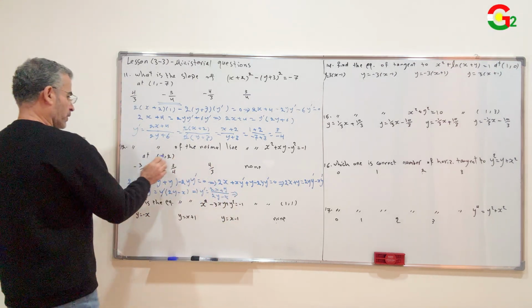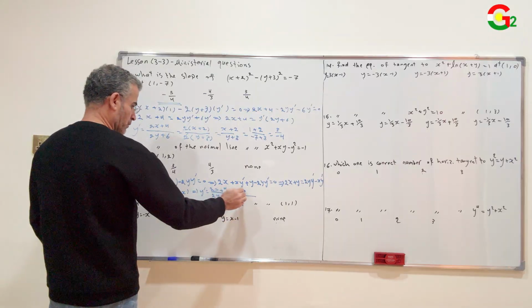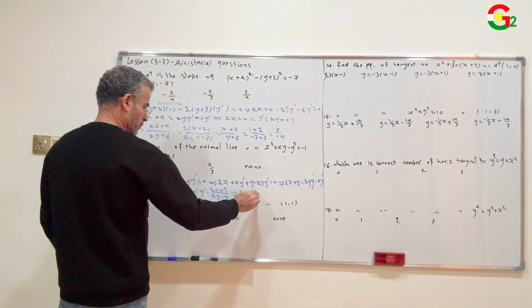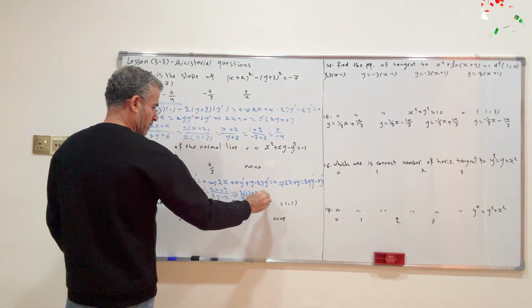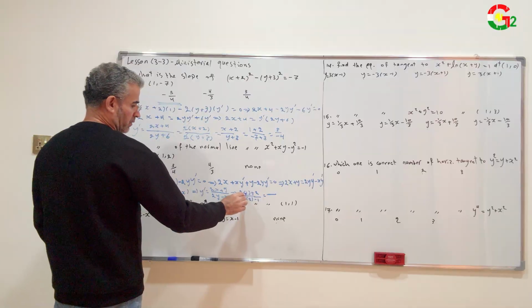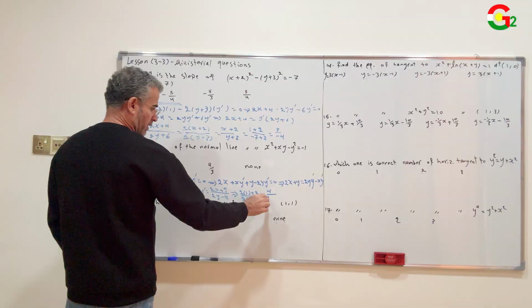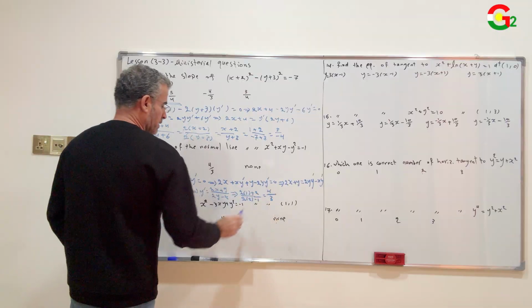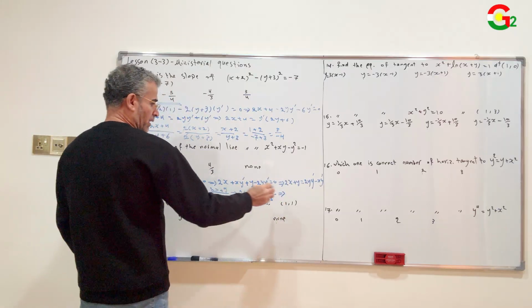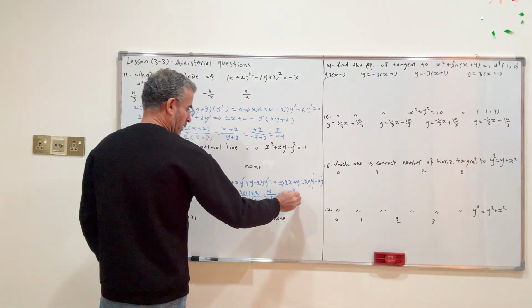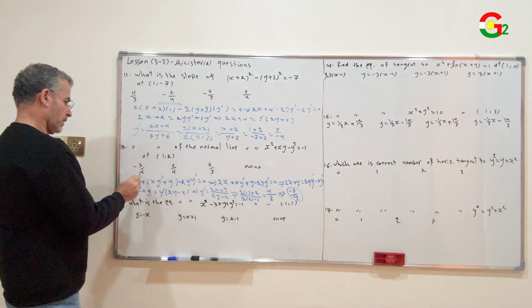At the point 1, 2: 2 times 1 plus 2, which is 4, over 2 times 2, which is 4, minus 1, which is 3. This is the slope of the tangent line. The slope of the normal line is negative 3 over 4, the negative reciprocal of this value.